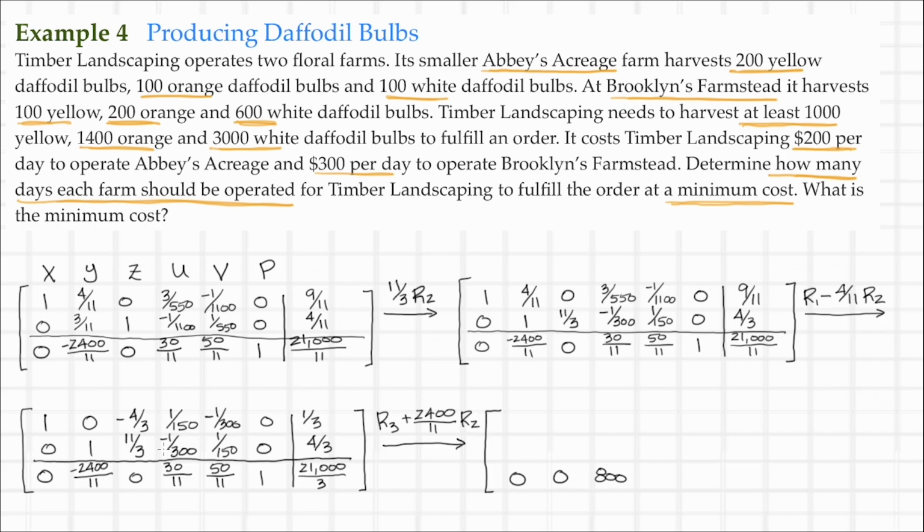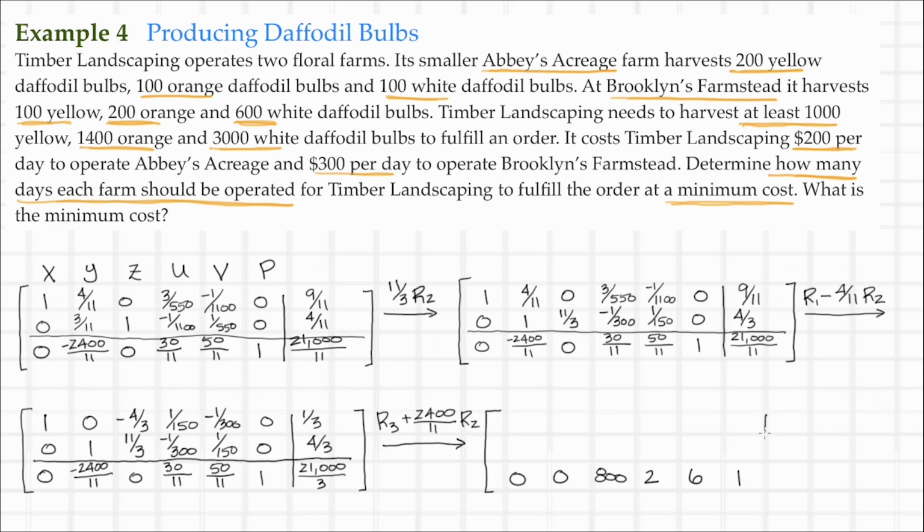Negative 1 over 300 times 2400 elevenths, that's negative 8 elevenths. And 30 elevenths minus 8 elevenths is 2. 1 over 150 times 2400 elevenths, that's 16 elevenths. And 50 elevenths plus 16 elevenths is 6. 0, 0, bring down the 1.